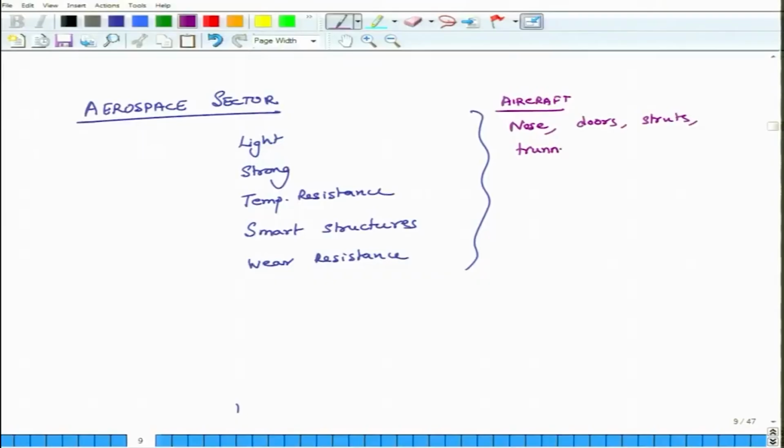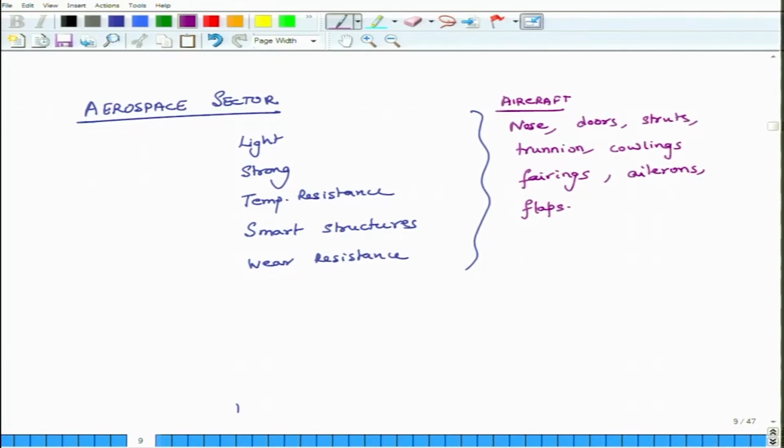In trunnions, these are again structural members. Cowlings, fairings, these are all aircraft parts. Ailerons, flaps; in the wings there are flaps which open and close to control the aircraft and its speed and direction.